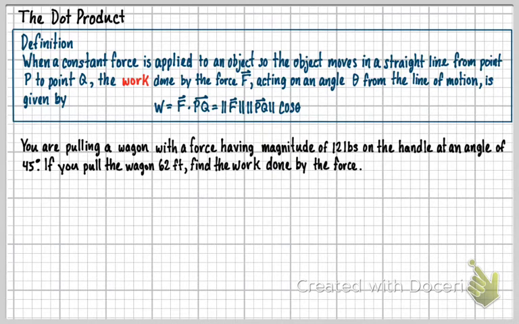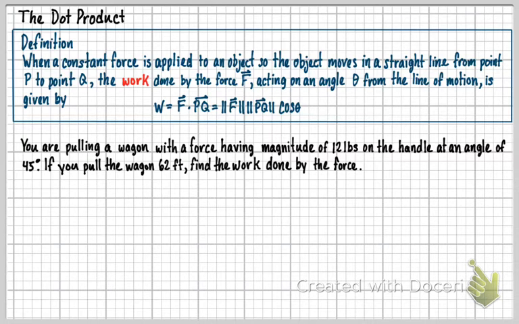It says you are pulling a wagon with a force having magnitude of 12 pounds on the handle at an angle of 45 degrees. If you pull the wagon 62 feet, find the work done by the force. So what we're going to do here is set up a diagram for this.